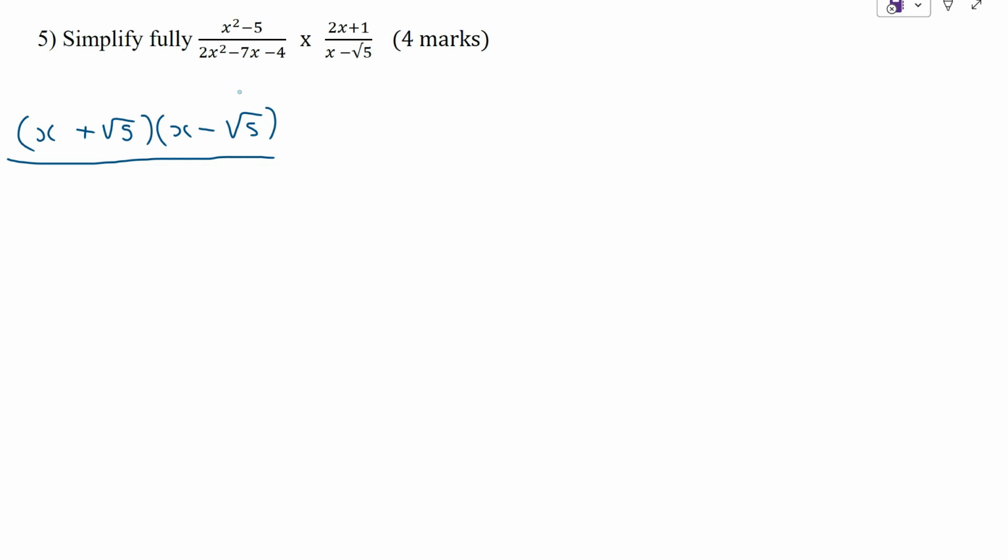Okay, now let's see if this denominator here can be factorized. So two numbers multiply to give us 2, two numbers multiply to give us 4. 8 and 1, yep, these two can be added or subtracted to give us 7. So these are our two brackets there.